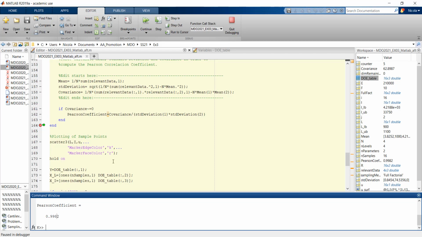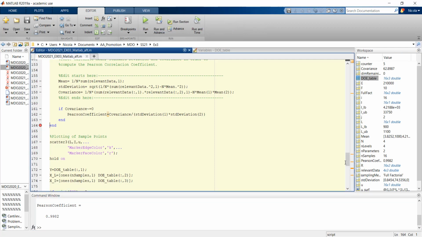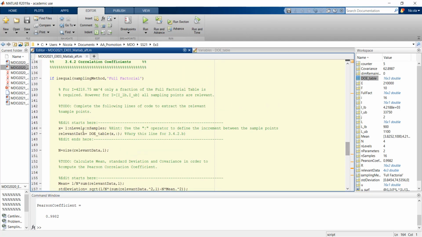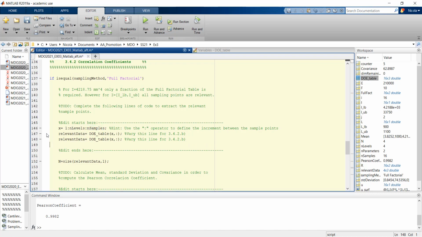In B, we have to use the whole DOE table. So instead of restricting ourselves here to just some rows, we just use the whole DOE table.